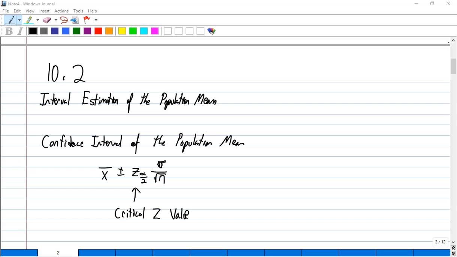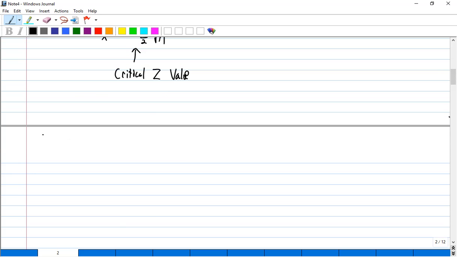All right, so I'm going to show you how to find a critical Z value by using our tables. So I am going to find a critical z-value, let me pick one.